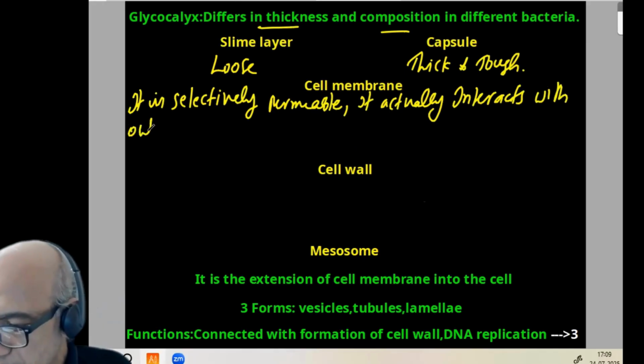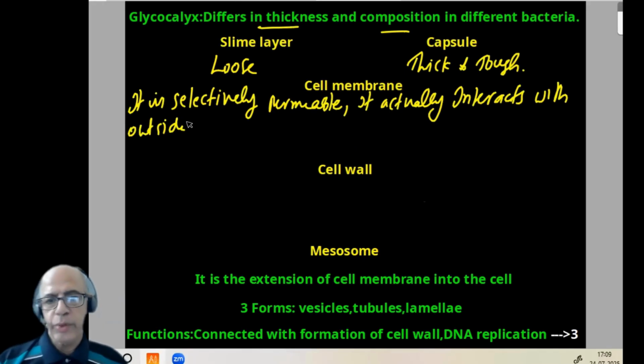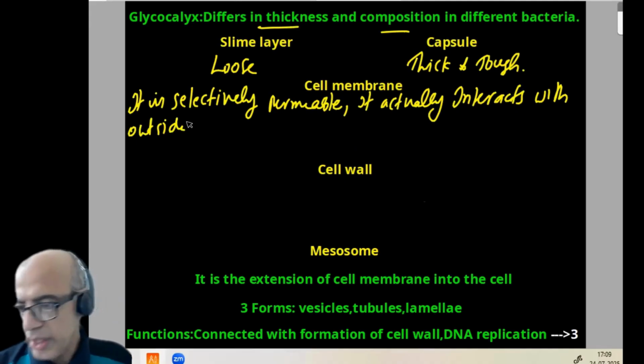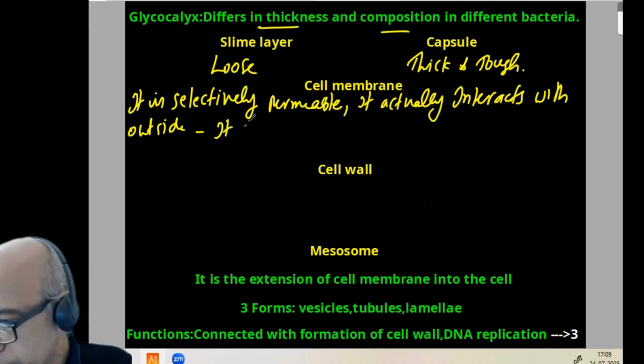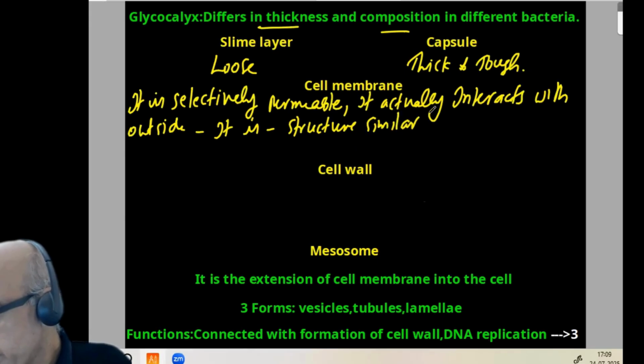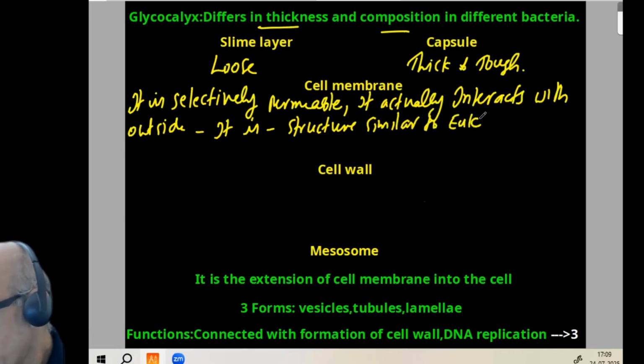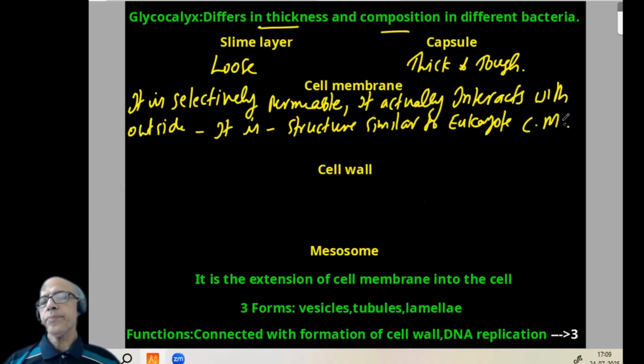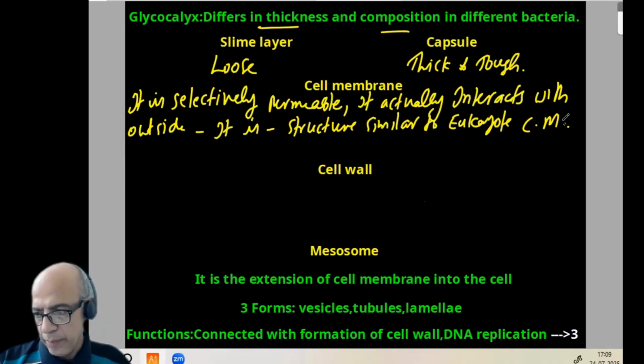Even though the cell wall is there, the cell membrane actually interacts with the outside. Its structure is similar to the eukaryotic cell membrane. Generally it is glycocalyx, then cell wall, then cell membrane. I wrote glycocalyx, then cell membrane, then cell wall, so don't take it in another manner. Outside is glycocalyx, then inside the glycocalyx is the cell wall, then the cell membrane.